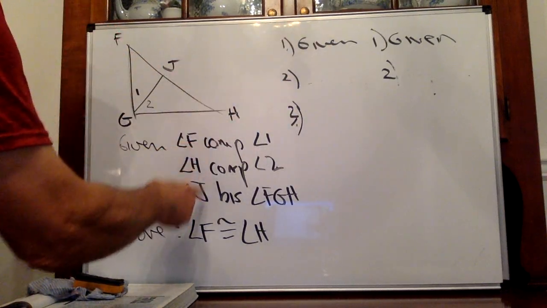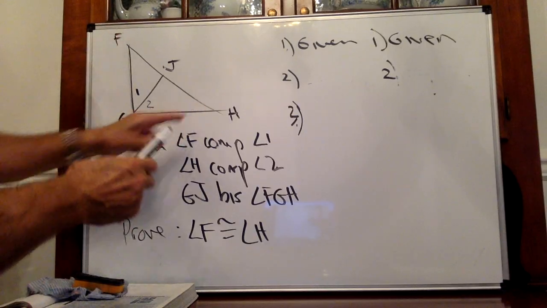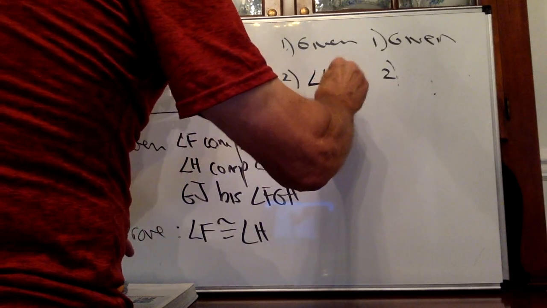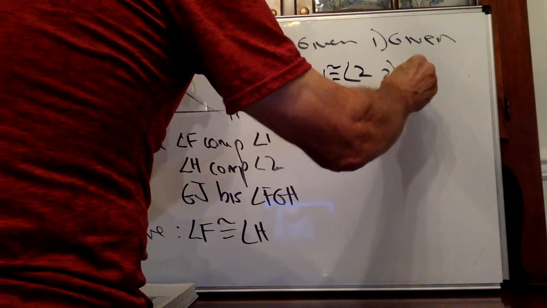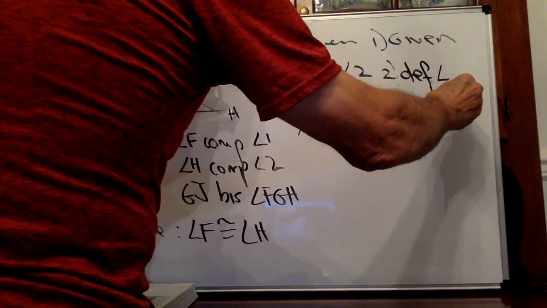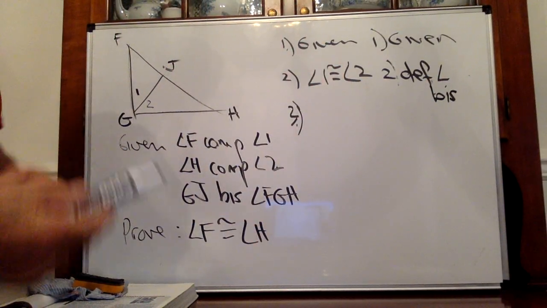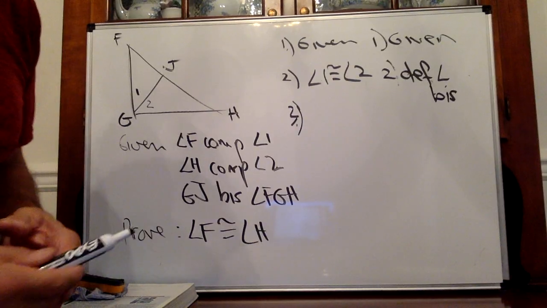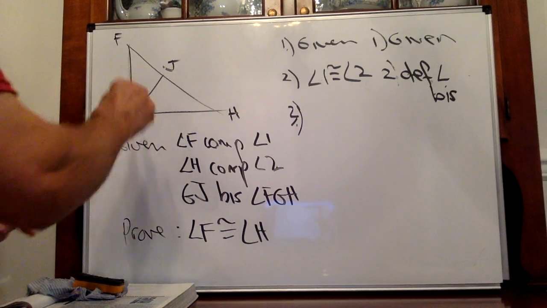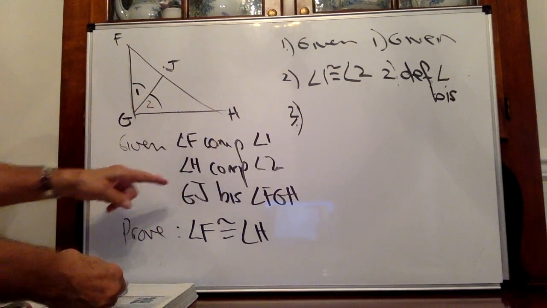From the given information, GJ bisects this angle FGH, so that tells me angle 1 is congruent to angle 2. That's the definition of angle bisector. An angle is bisected if it's cut into two congruent pieces. Therefore, 1 and 2 are congruent. Now I can make my final statement.